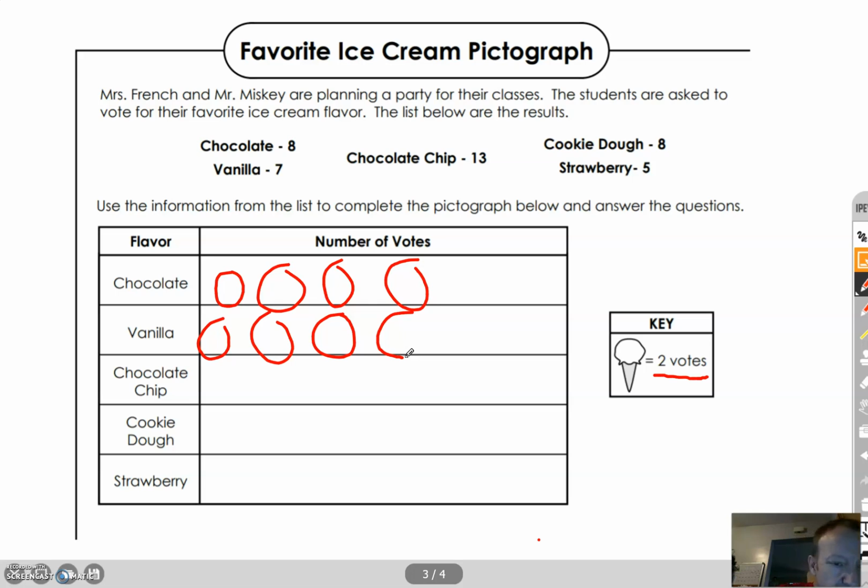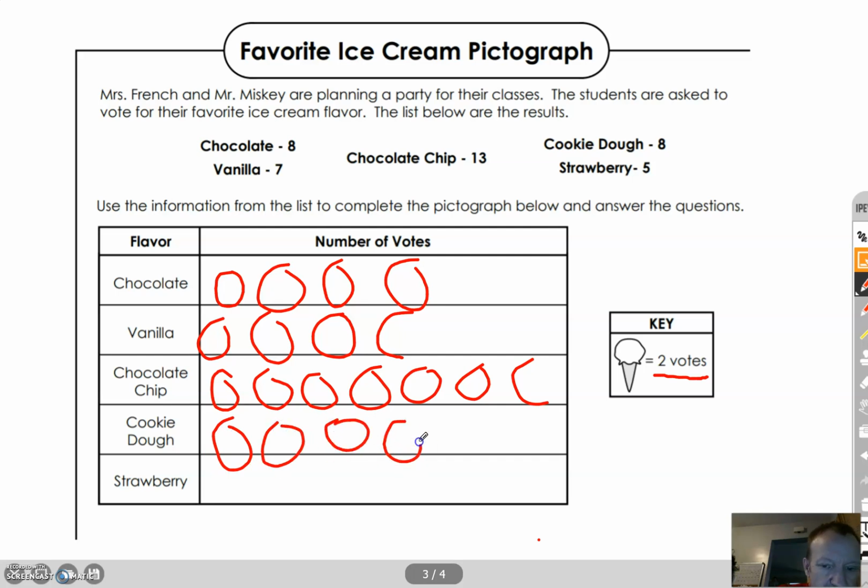Chocolate chip, we have 2, 4, 6, 8, 10, 12, half a circle. Cookie dough up here, we have 8, so we're going to go 2, 4, 6, 8, and strawberry we have 5. We have 2, 4, and then half a circle.